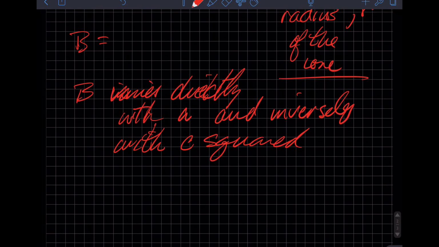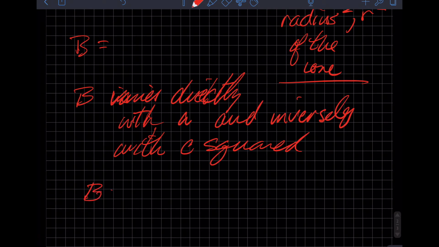So to build that, I would have B equals some constant K, which I don't know, times A, because it varies directly with A, but inversely with C squared.